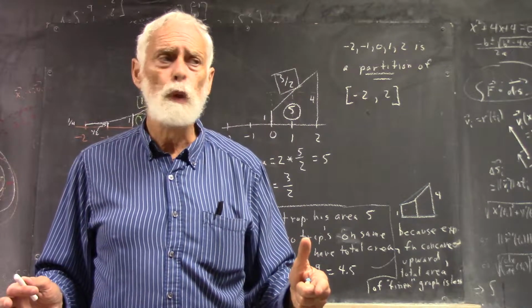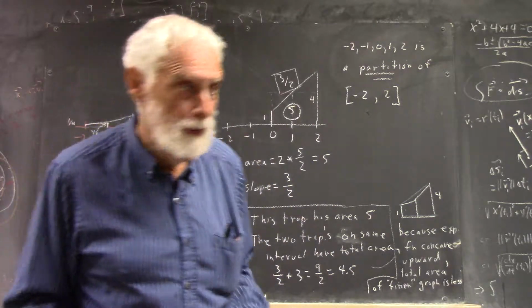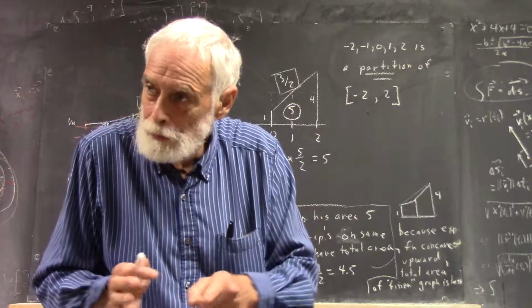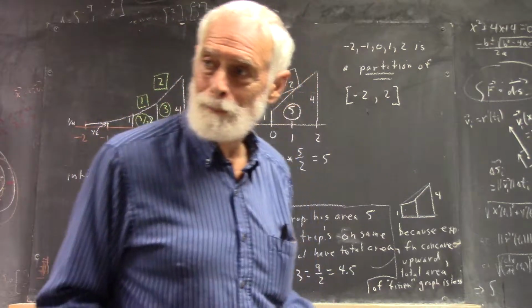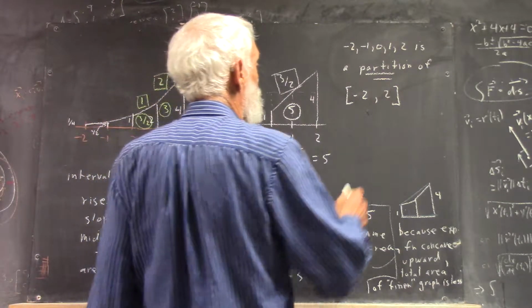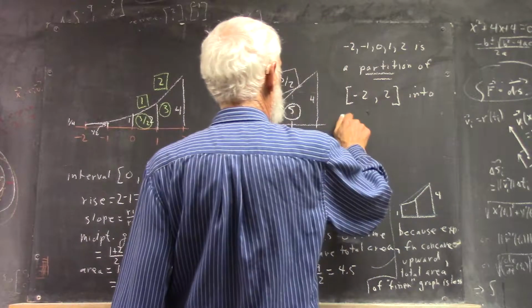So a partition is a way of breaking up an interval. Now, we can be more specific. You have to break it up in such a way that none of the sub-intervals overlap, but that they cover the whole interval. So this is a partition of the interval into the sub-intervals.